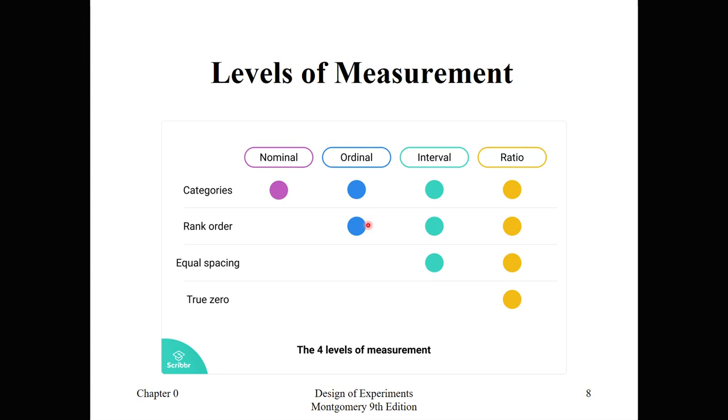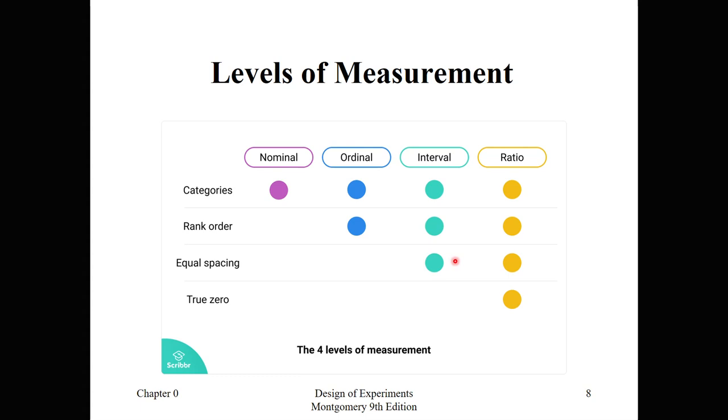Another very common example that you'll see very often when you're doing statistical analysis of ordinal data is a Likert scale. And though you may not know it by that name, you'll know it if I describe it. It is strongly disagree, disagree, neutral, agree, strongly agree. Has 5 categories and they can be ranked. Interval data has categories, it can be ranked, but it also has equal spacing between the categories.